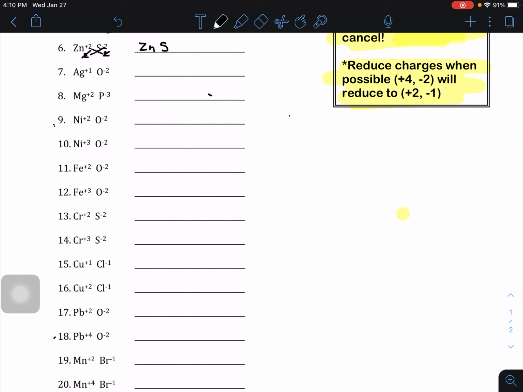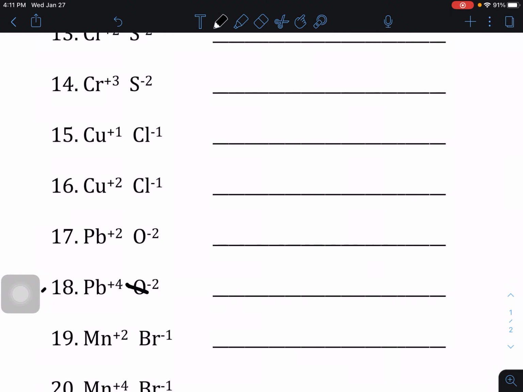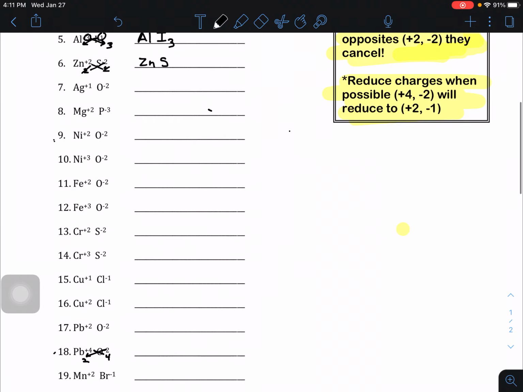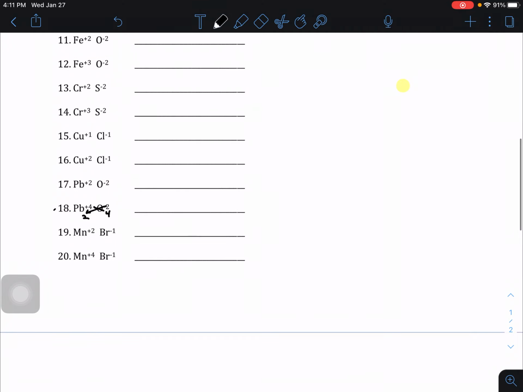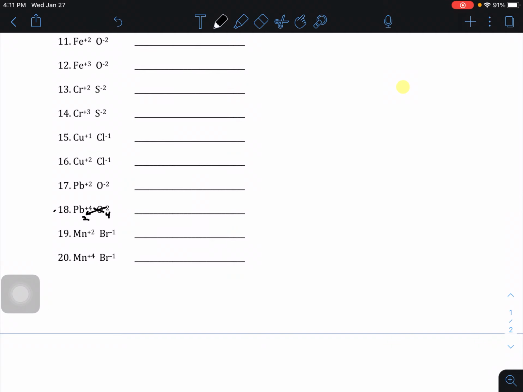With number 18, we have lead, or Pb, +4, so we bring the 4 down as a subscript, and oxygen is a -2. We bring the 2 down as a subscript, and this is an example of reduce charges whenever possible. We have a +4 and a -2, we reduce the charges and we get PbO2. So the 2 and the 4 get reduced to a 1 and a 2. And we do that whenever possible.